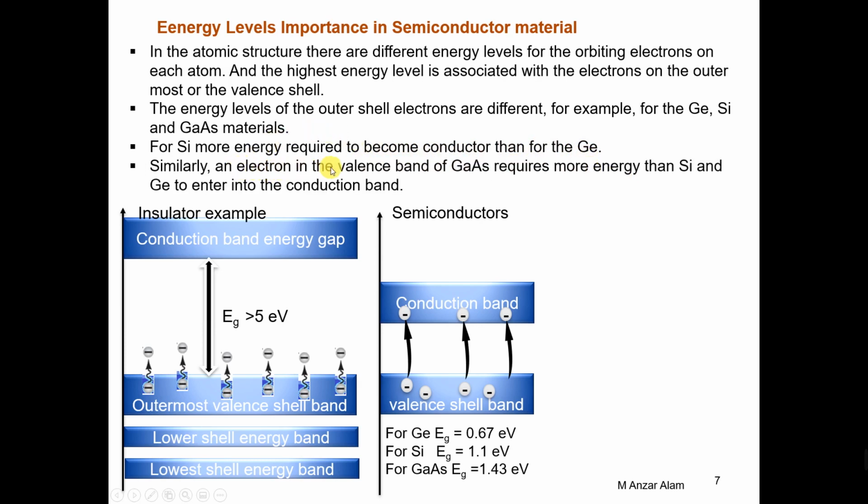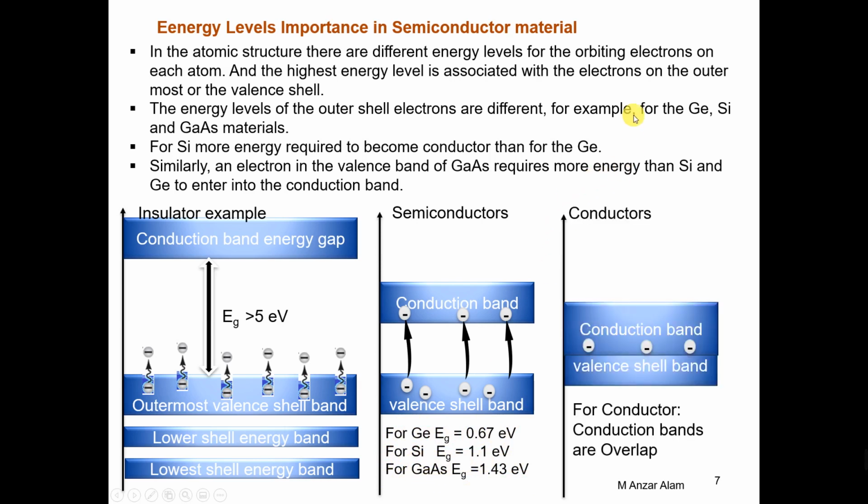Similarly, an electron in the valence band of gallium arsenide requires more energy than silicon and germanium to enter into the conduction band. This is tougher. We can easily excite electrons with germanium, but we need more external power to excite gallium arsenide.